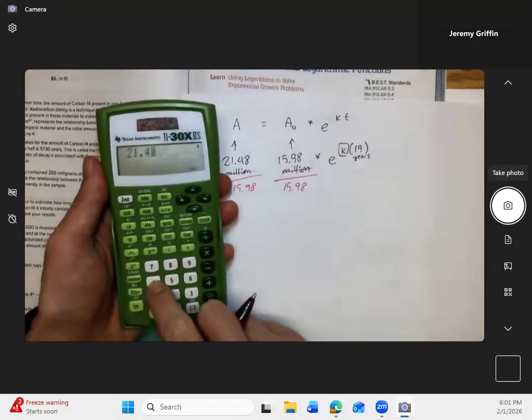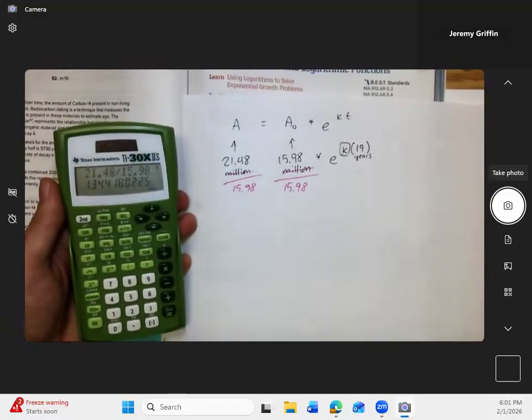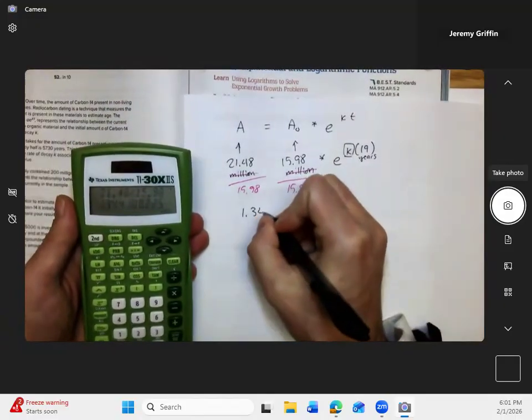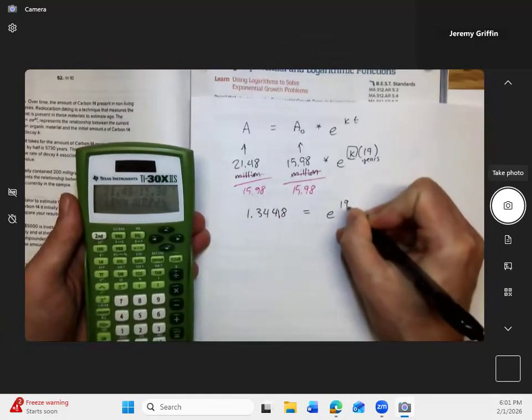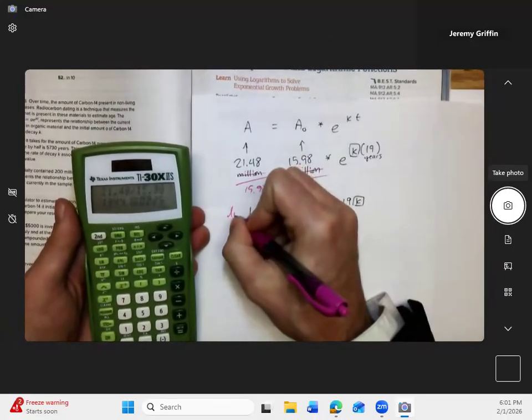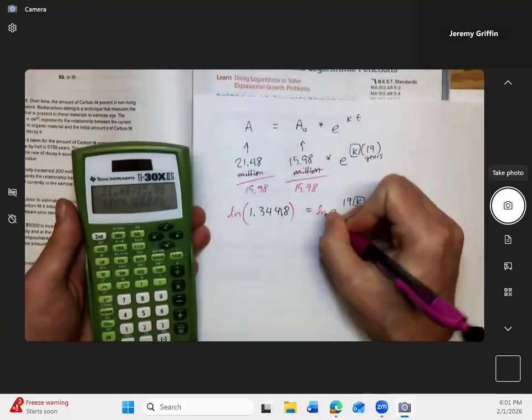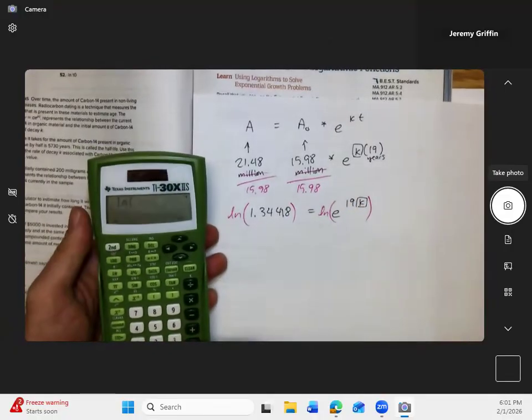So 21.48 over 15.98 is 1.344 something, equal to e to the 19k. Now I want to take the natural log of both sides, so the natural log of the left side equals the natural log of the right side.